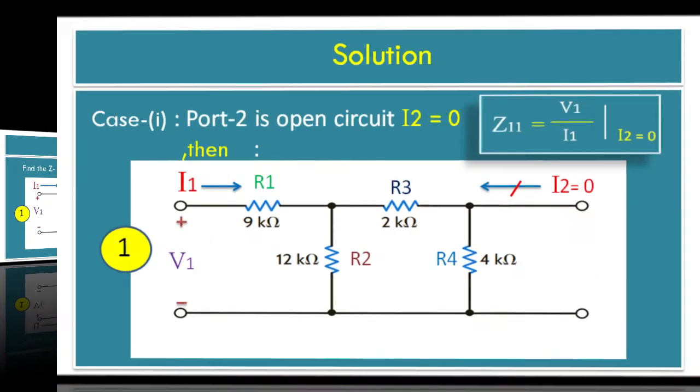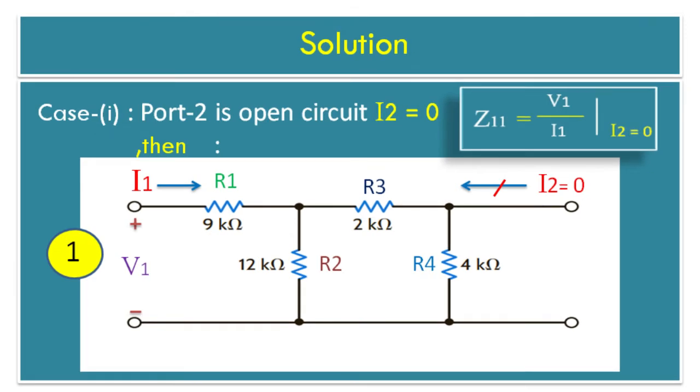Solution: case 1. We are obtaining open circuit impedance parameter Z11 is equal to V1 upon I1 with current I2 equal to 0 at port 2, which means obtain current I1 in terms of voltage V1 and total resistance.